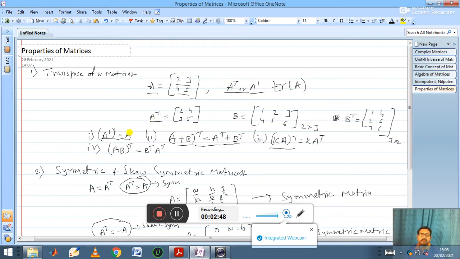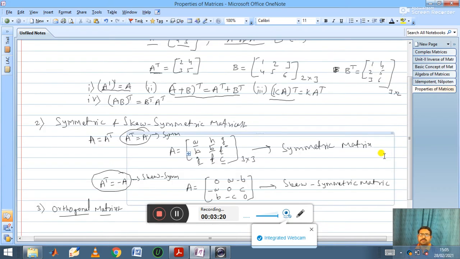Second, A plus B whole transpose gives A transpose plus B transpose. Third, K A whole transpose gives K into A transpose. And fourth, A B whole transpose equals B transpose into A transpose. These properties are very useful while solving some important results.